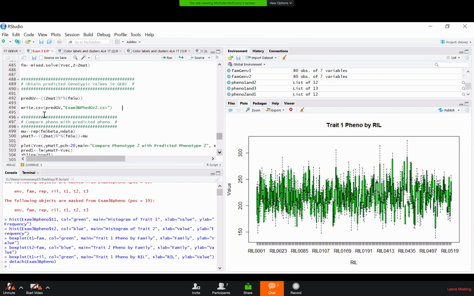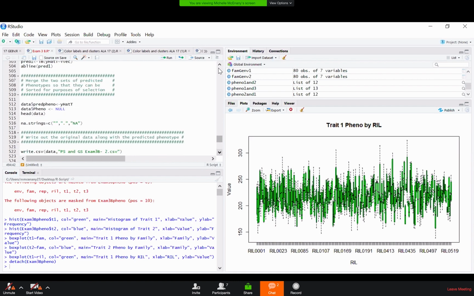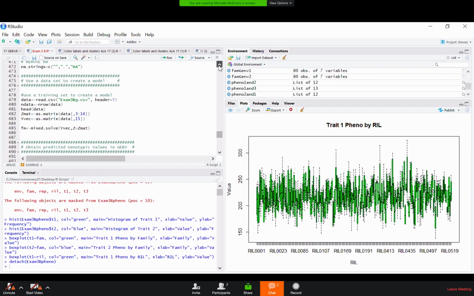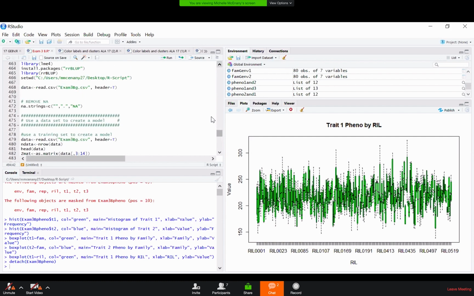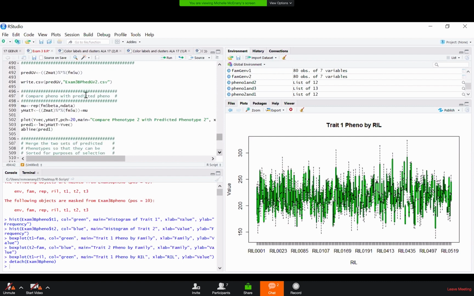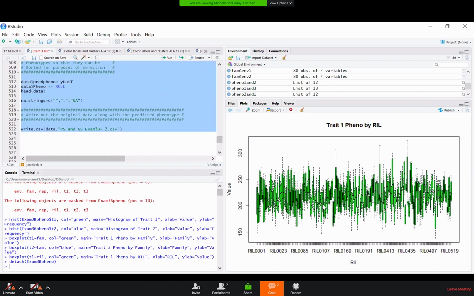So the stuff you shared here is what I was missing, starting at the hashtag write out original data along with predicted phenotypic value, like in the chat window. So compare pheno with predicted pheno. Did you have that part already? No, but I'm gonna. Okay, so this whole section is what's missing then.